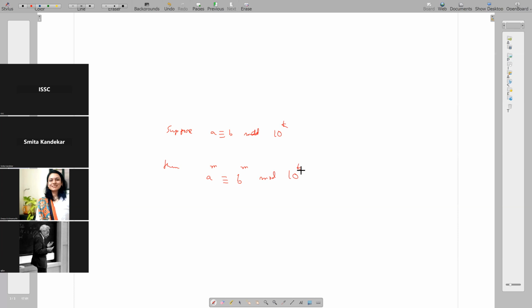So their powers will also be congruent to each other.